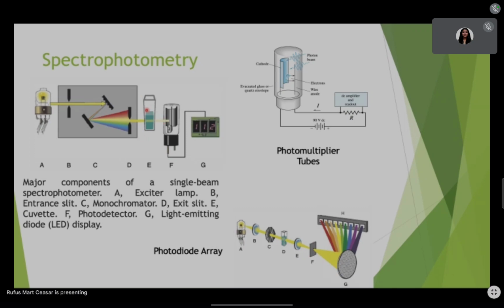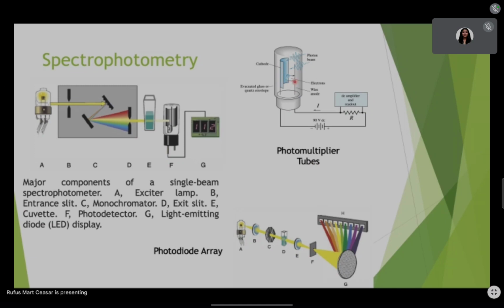Di ba? Ayan. So, sabi ko nga kanina, the two main types of detectors are photodiodes and photomultiplier tubes. Photomultiplier tube is an electron tube that contains a cathode or a light-sensitive metal and a series of dynodes. Sir, ano yung dynodes?